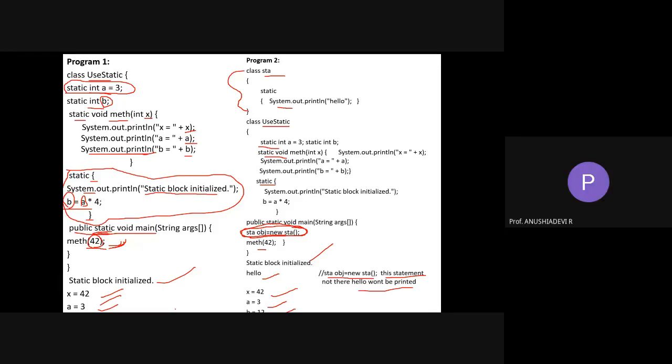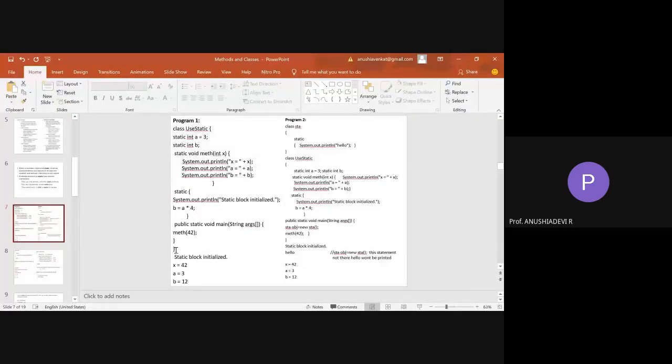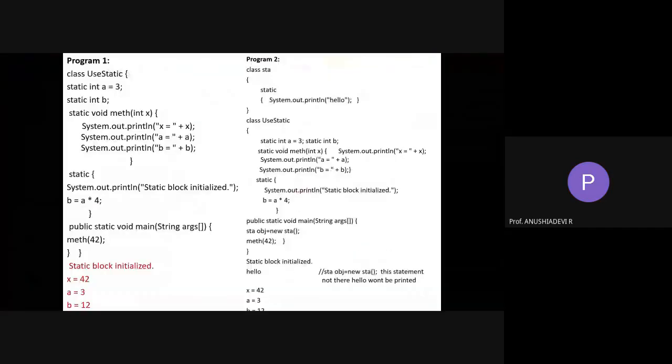Okay, wait, I will check. Now it is visible? Yes, ma'am, now it's visible. In program 2, B is visible? Partially visible, ma'am.